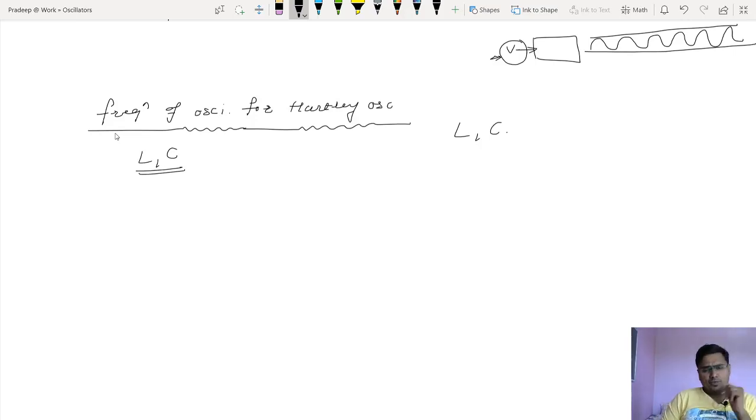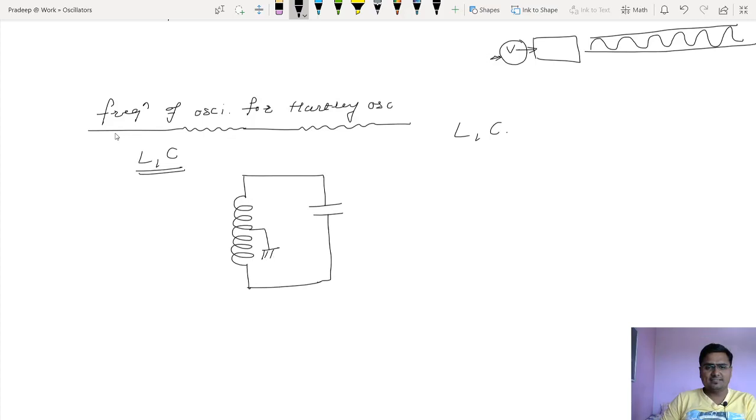Now what I basically have here are two inductors. Generally I try to avoid drawing an inductor on the screen, because showing that rounded structure is always difficult. Okay, the L1, L2 and the capacitor. This is our feedback network.